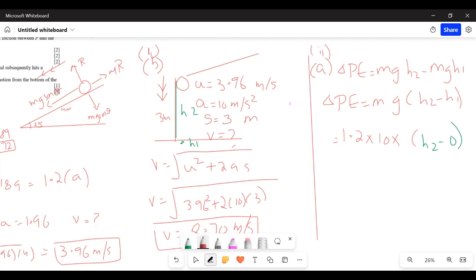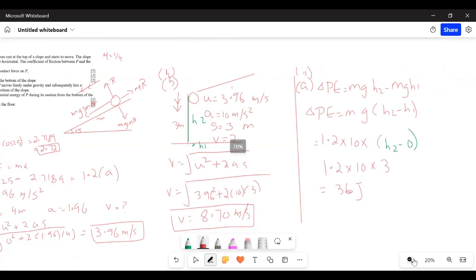So 1.2 into 10 into 3 is the answer, which is 36 joules. कोई क्वेश्चन है तो प्लीज बताओ.